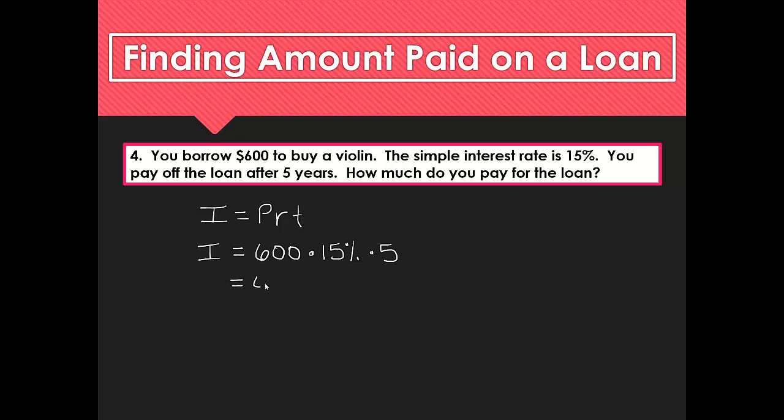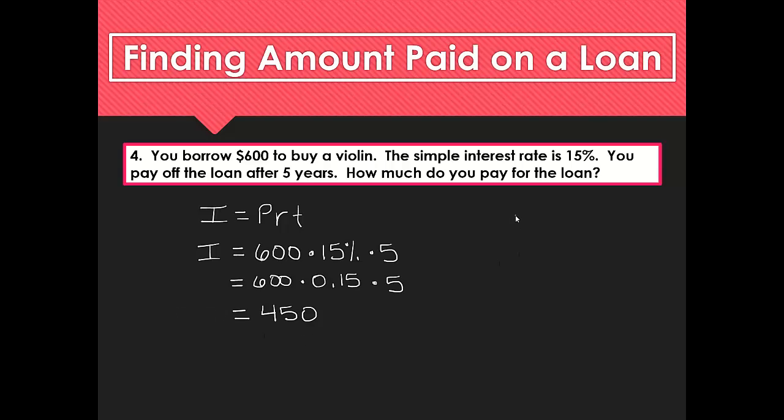So we're going to multiply 600 times 0.15 or 15 hundredths times 5. And when we multiply that together, we get 450. So our interest is $450.